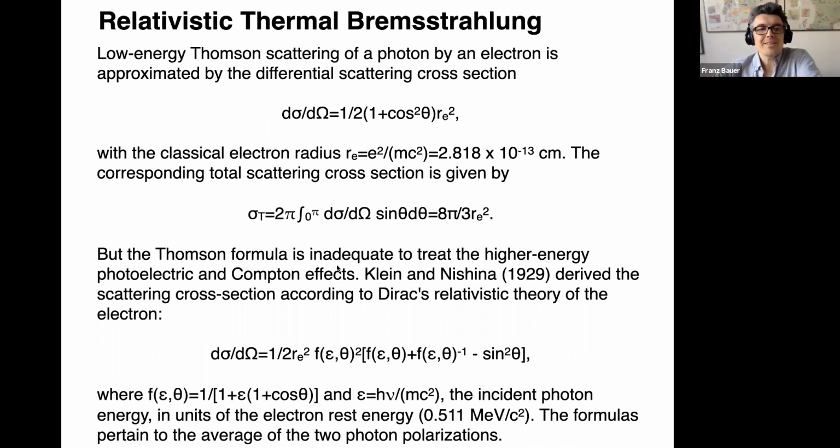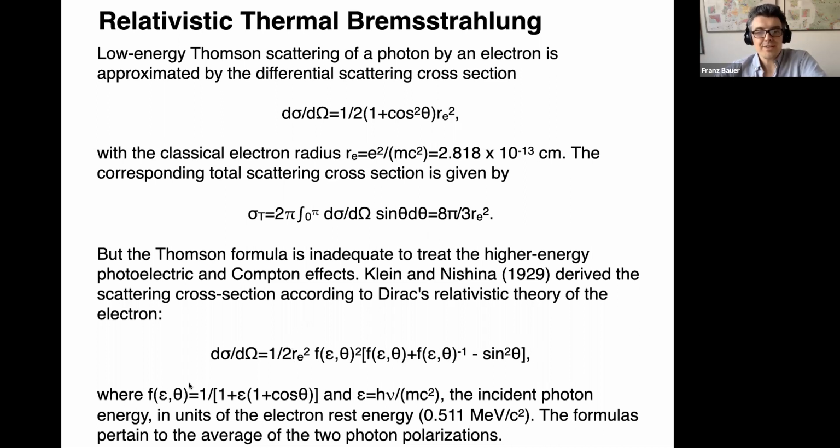Now, if we want to consider dealing with high energy photoelectric and Compton scattering effects, this is what Klein and Nishina derived. And so they derived a differential cross-section which looks like this, a much uglier form. You still have our electron radius squared here, but you have this function which comes in several places and at various orders, in addition to the sine squared theta dependence.